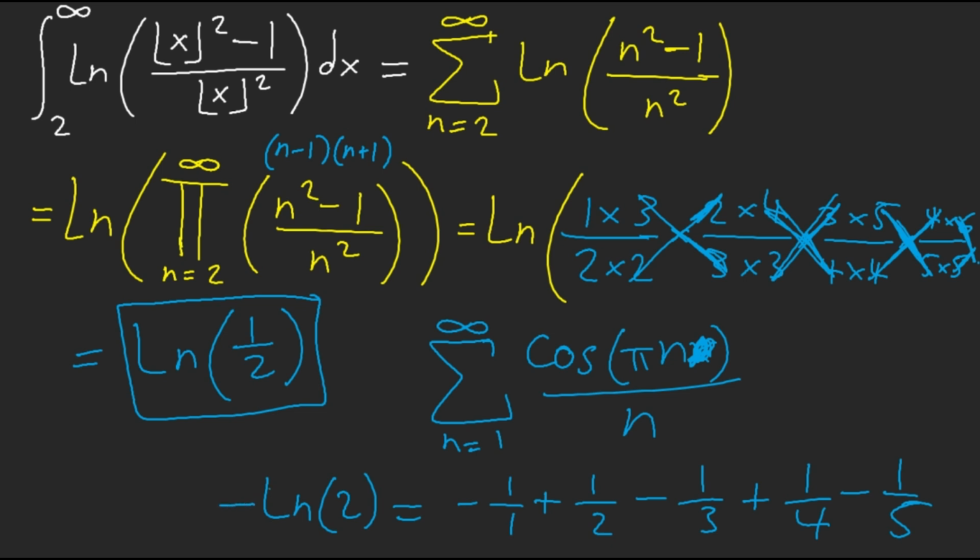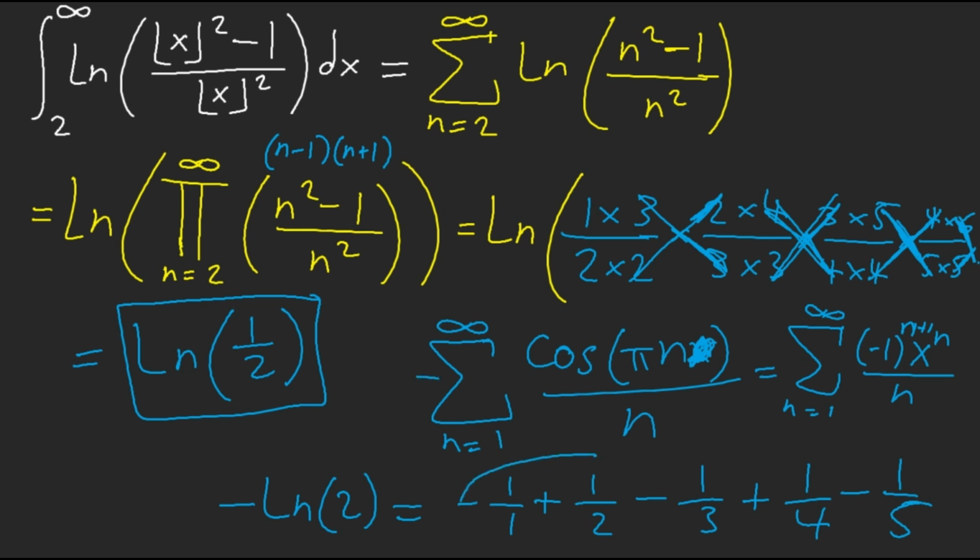I think this one's negative. Is there a negative? Oh, there is a negative, plus 1. See if I plug in 1. Yeah, so this would be this, I believe.